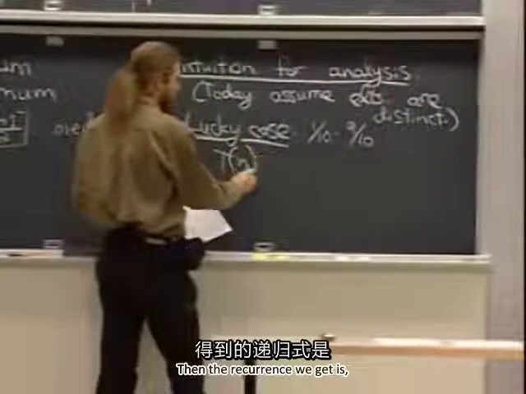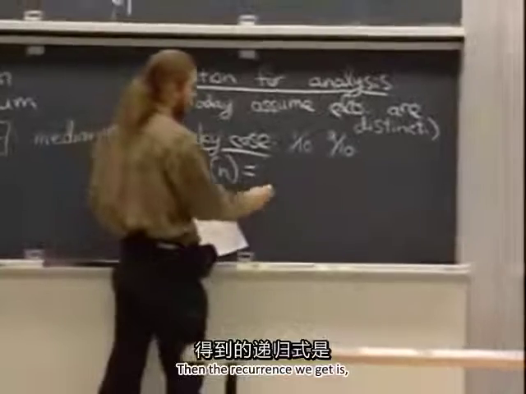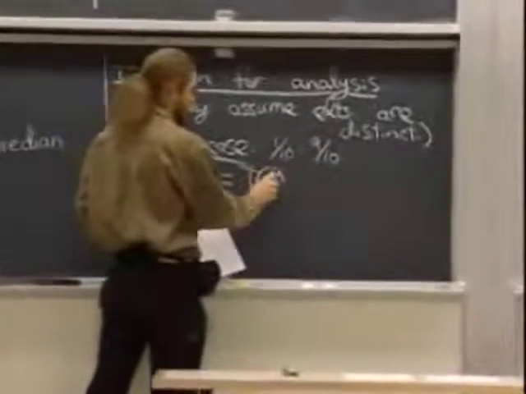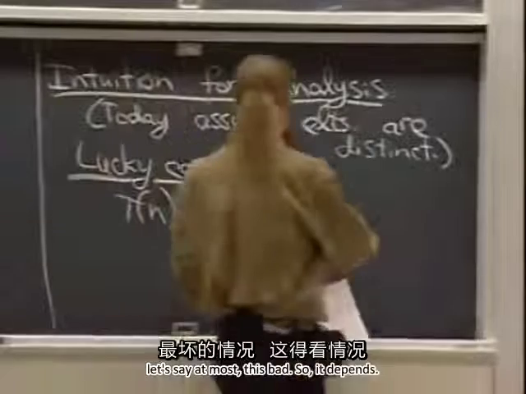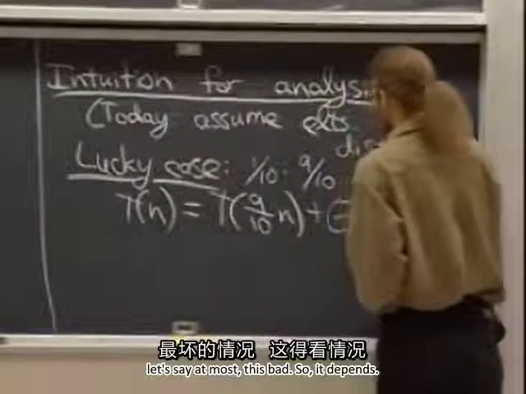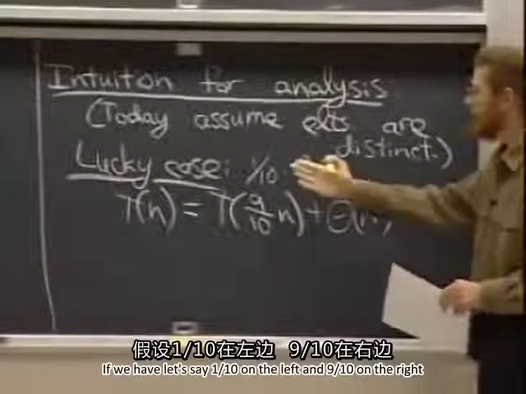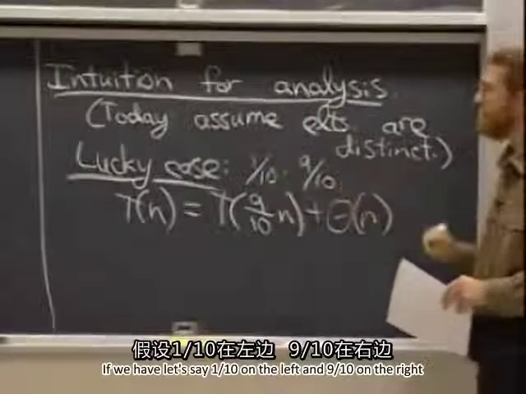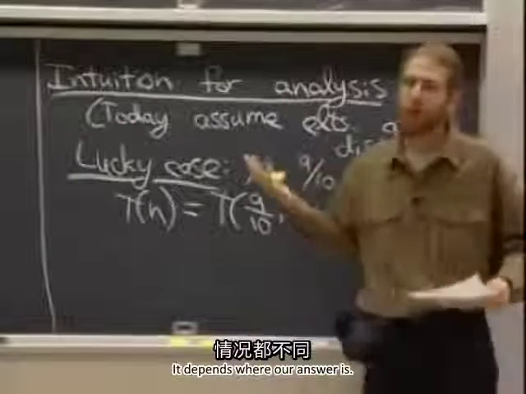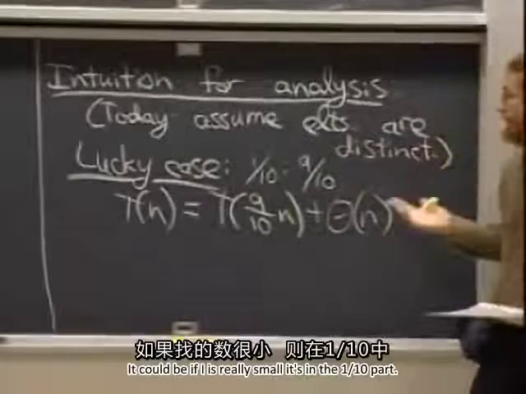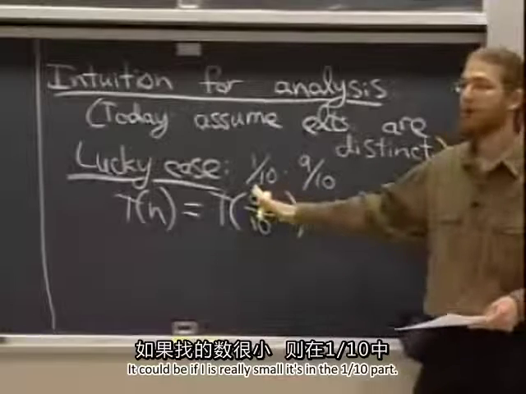So then the recurrence we get is, well, let's say at most this bad. If we have 1/10 on the left, 9/10 on the right, every time we do a partition, it depends where our answer is. If i is really small, it's in the 1/10 part.